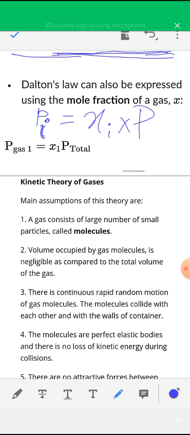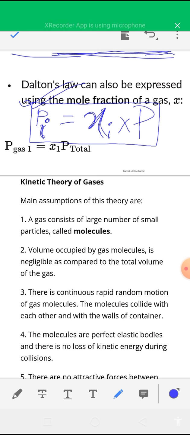So this is the relation between partial pressure, total pressure and mole fraction of the gas. This is according to Dalton's law, and you have to solve some numerical problems based on it.